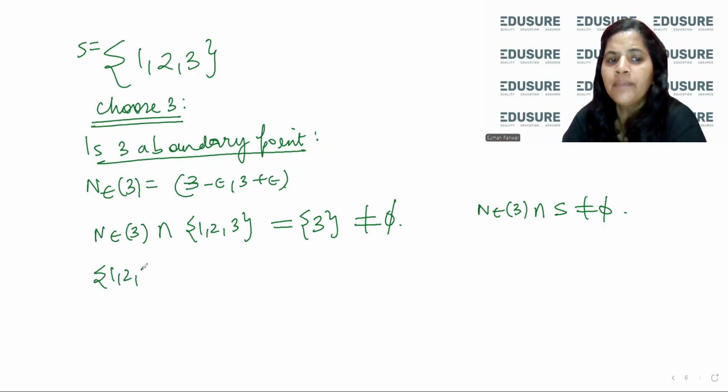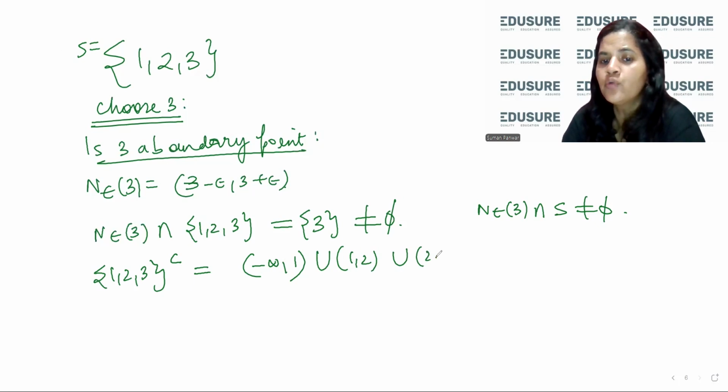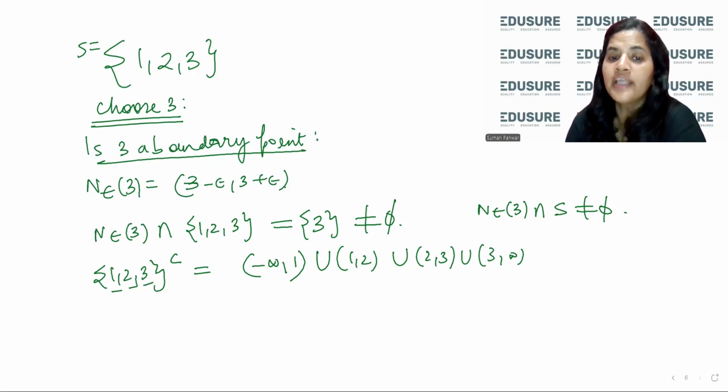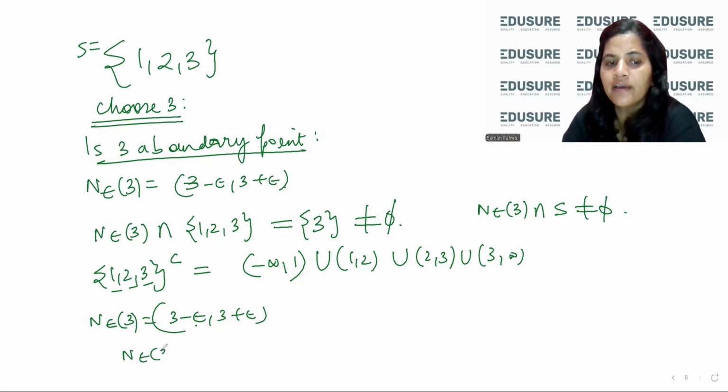Now what is the complement of this set {1, 2, 3}? I go from minus infinity till 1, union (1, 2), union (2, 3), union (3, infinity). Basically, I am excluding all these 3 points from the real line, and all the other elements are part of the complement. So N epsilon 3 is nothing but (3 minus epsilon, 3 plus epsilon). Definitely N epsilon 3 intersection the complement of {1, 2, 3} is not empty.